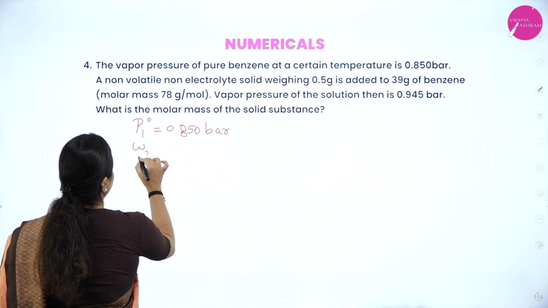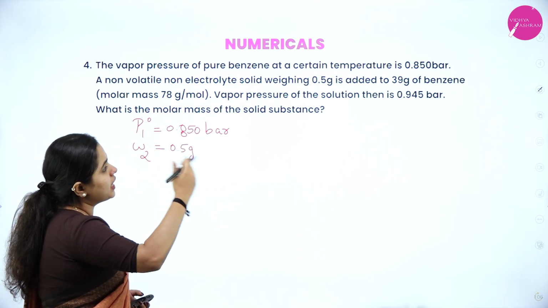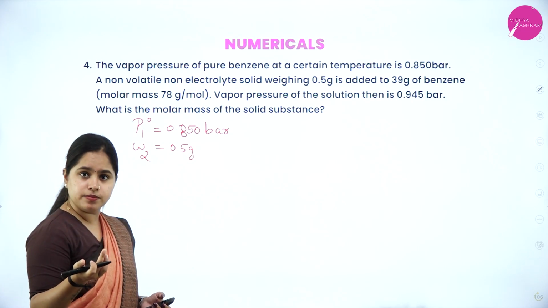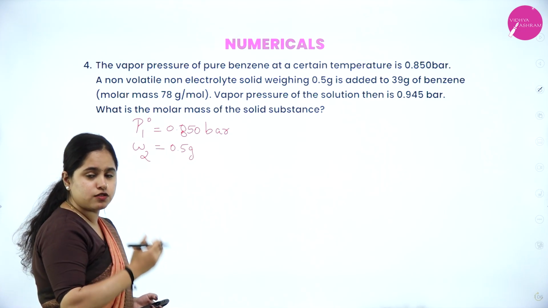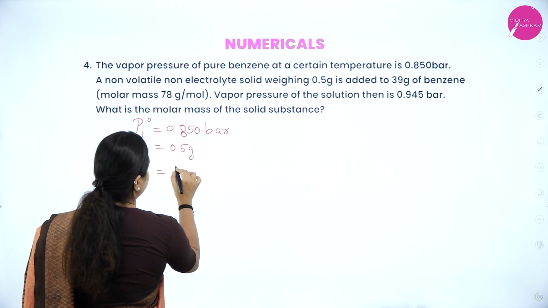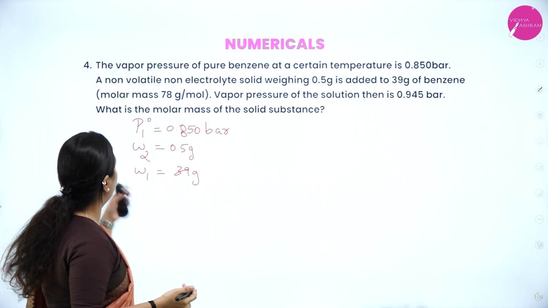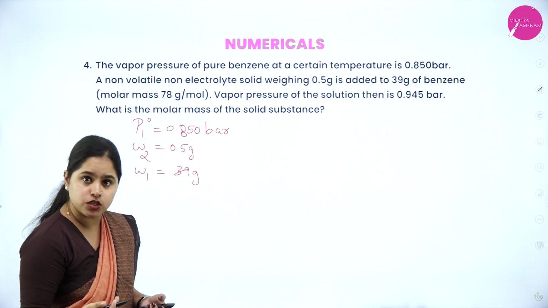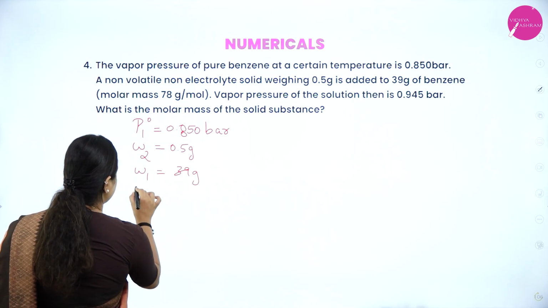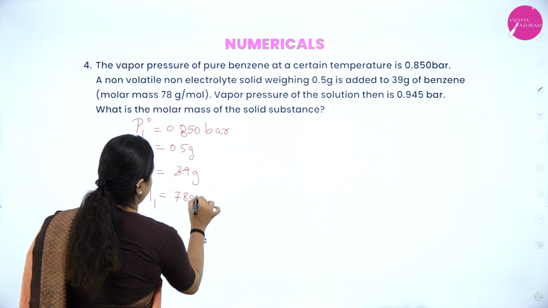W2 is 0.5 gram. It is added to 39 gram of benzene, so the mass of the solvent is also given. That is W1 equal to 39 gram of benzene. The molar mass of the solvent, M1, is given as 78 gram per mole.